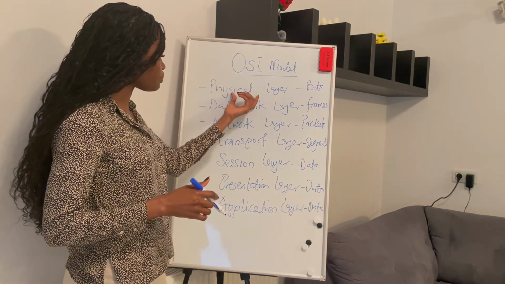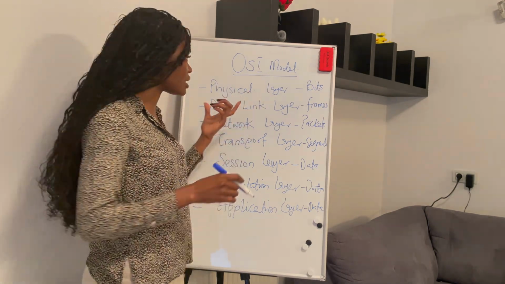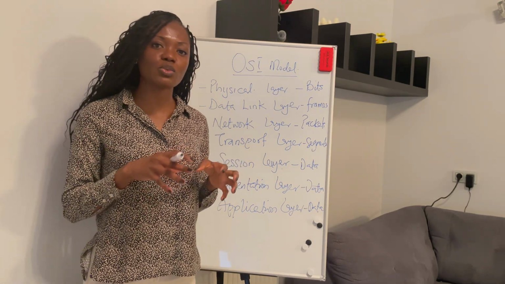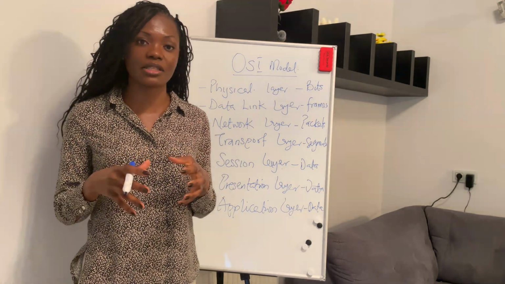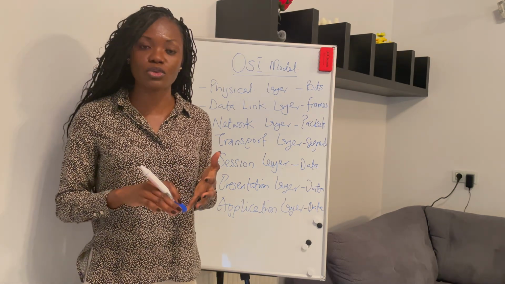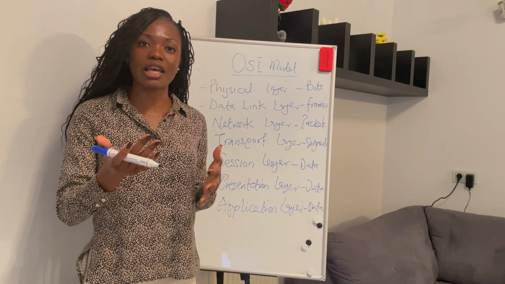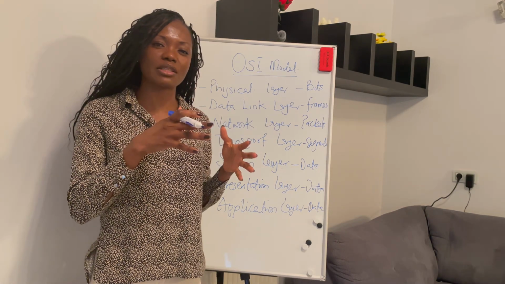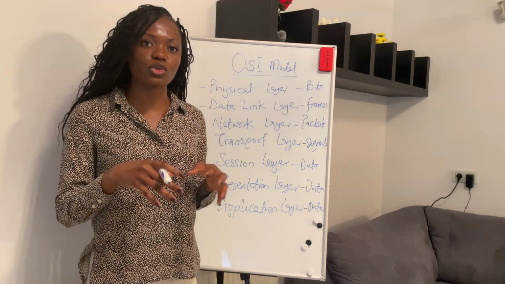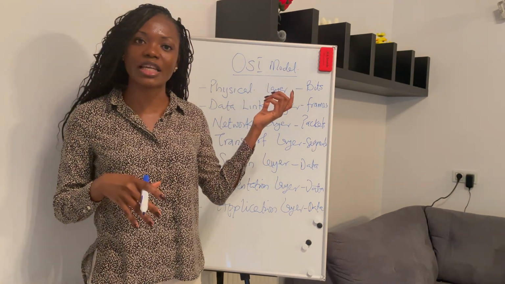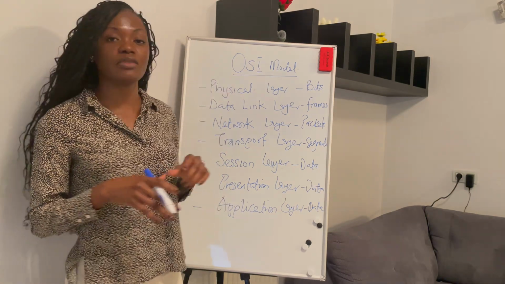So the first layer is actually called the physical layer, and this physical layer deals with the physical devices themselves. Say for example, the cables, the routers, the fiber optics connection. So everything physical regarding communication of devices over a network stays in the physical layer.